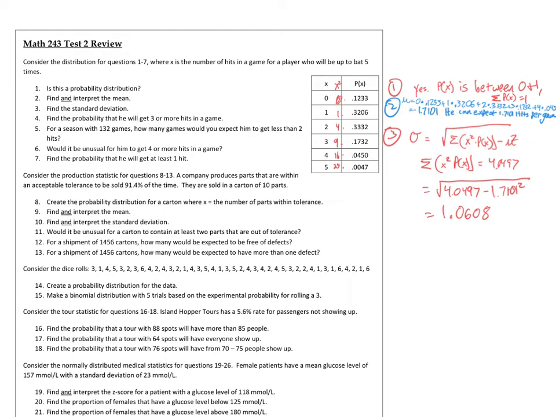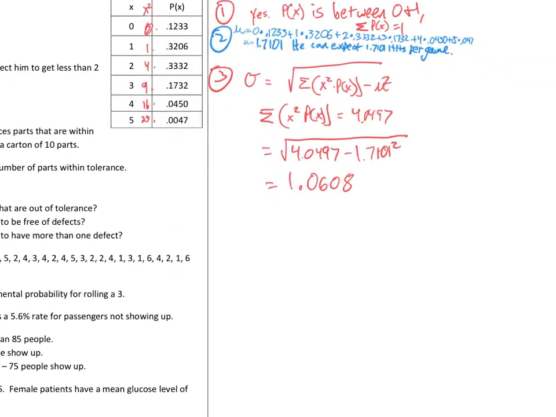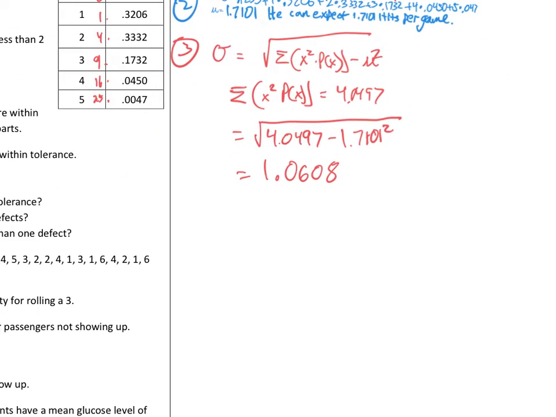Then we want to find the probability that he will get 3 or more hits per game. These are the probabilities for each of these, so 3 or more would be adding these up. We want P3 plus P4 plus P5.